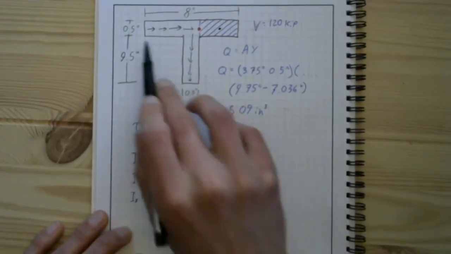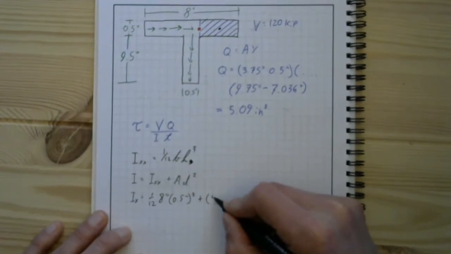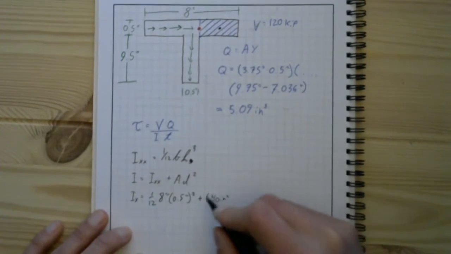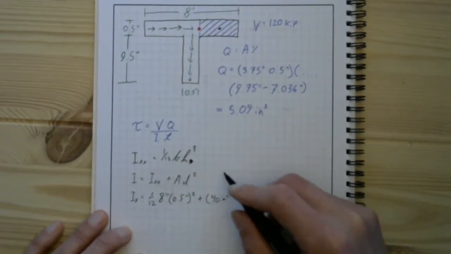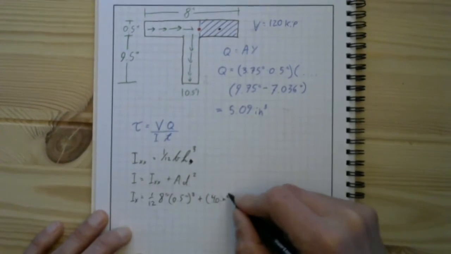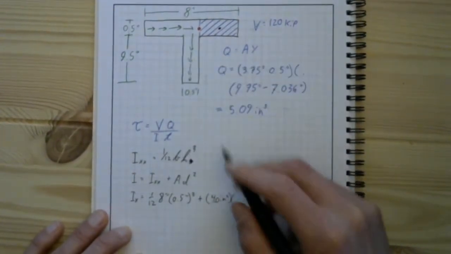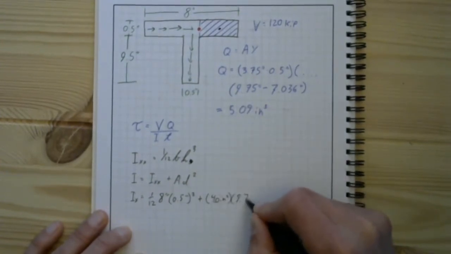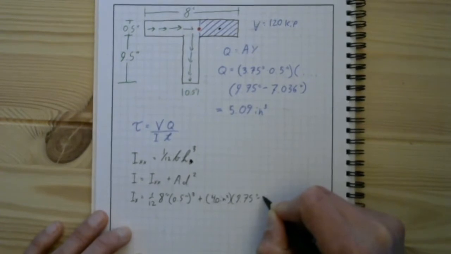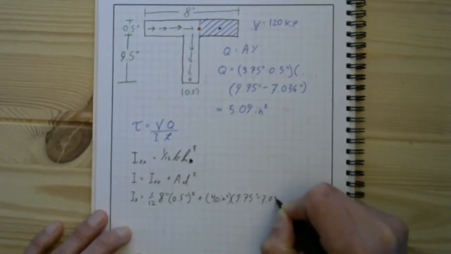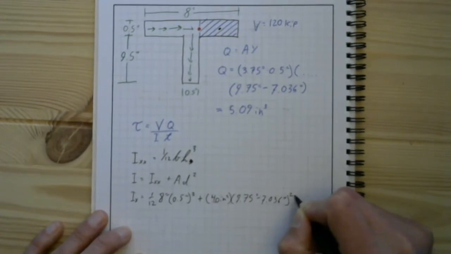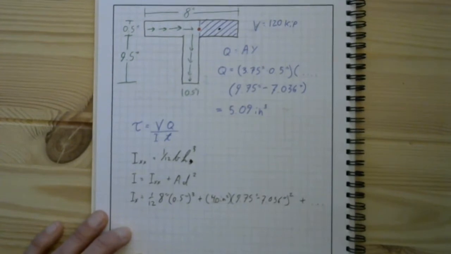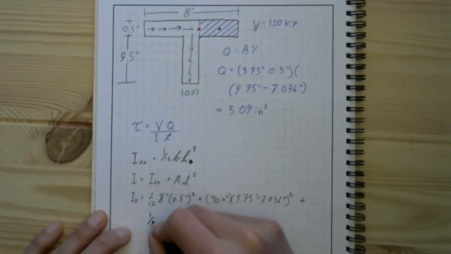Plus, the area of this is going to be 4 square inches, times the distance from the centroid of it to that, which we already determined, is 9.75 inches minus 7.036 inches. Square that. Plus, new line, this will deal with the stem, which will have 1/12.